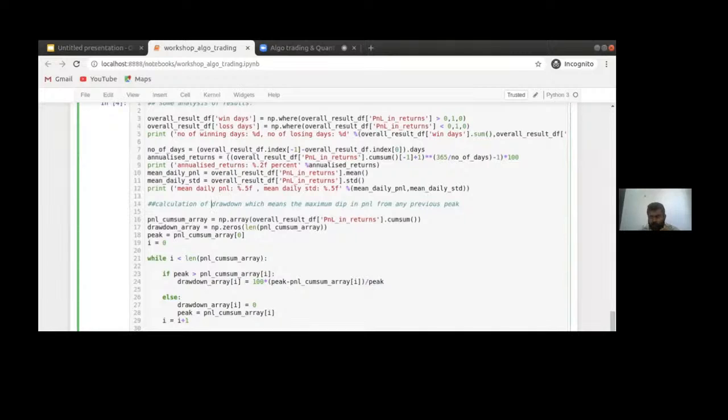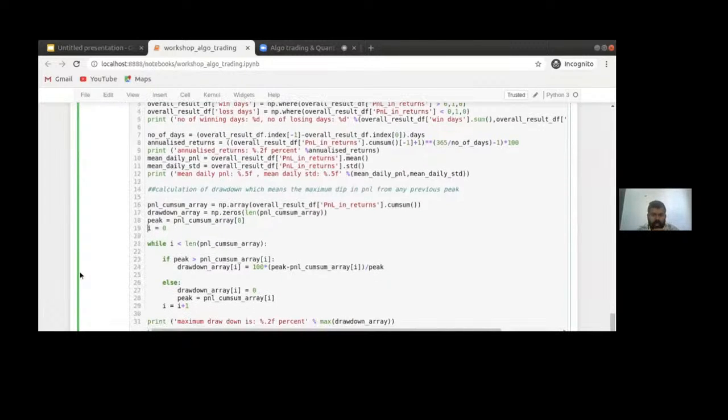At your peak, you made 150 rupees, and then after 150 rupees, it started to fall, and then it reached 75 rupees, and then it finally ended up with 90 rupees. So your drawdown will basically be from 150 till 75. This percentage drop is your drawdown, which is basically 50% in the example I mentioned. So this is called drawdown. The idea is always to have as little drawdown as possible because you don't want to be losing money.